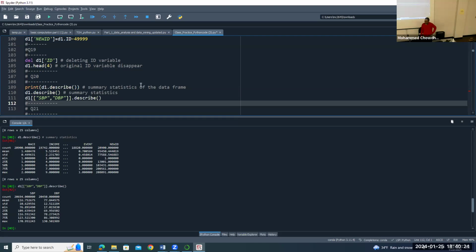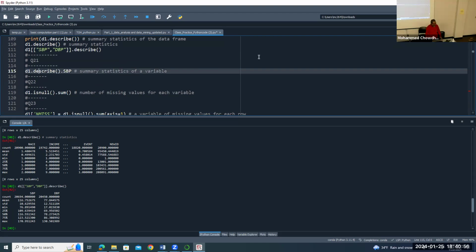If a person is identified with high blood pressure, both of the readings are high. Okay. SBP and DBP both high, then the person is said to have high blood pressure. On the other hand, if both SBP and DBP are low, then the person is said to have low blood pressure. So you understand what SBP and DBP are, right? Systolic blood pressure, diastolic blood pressure.